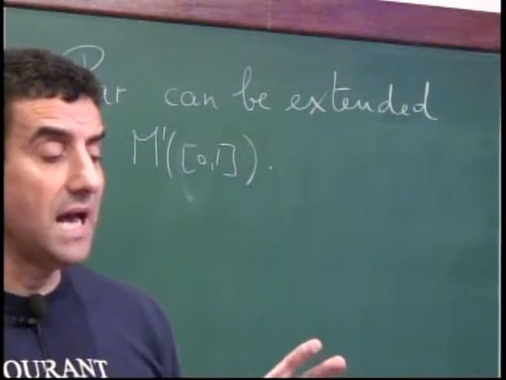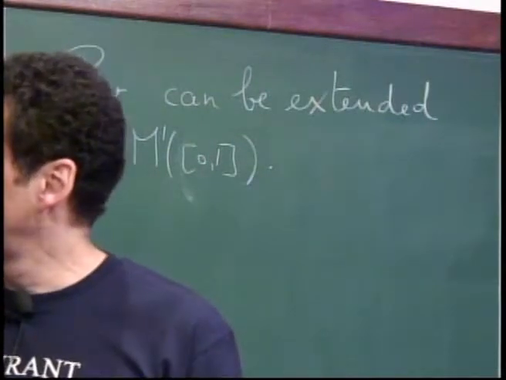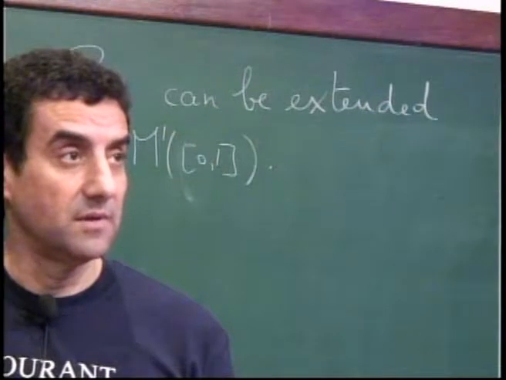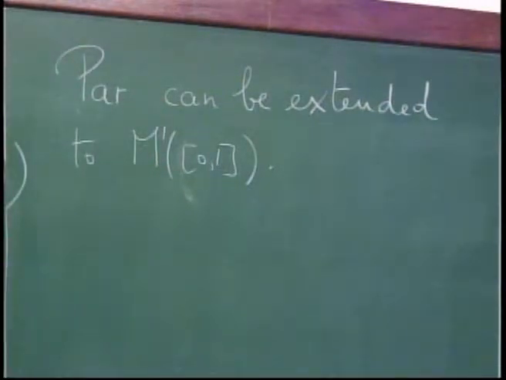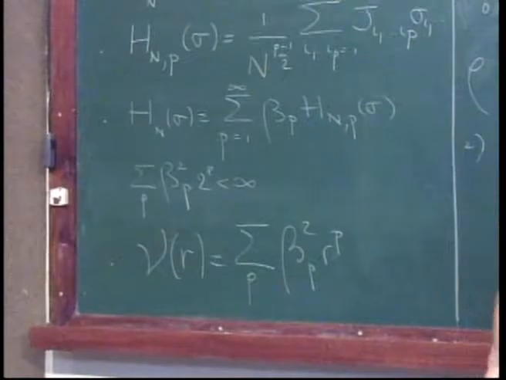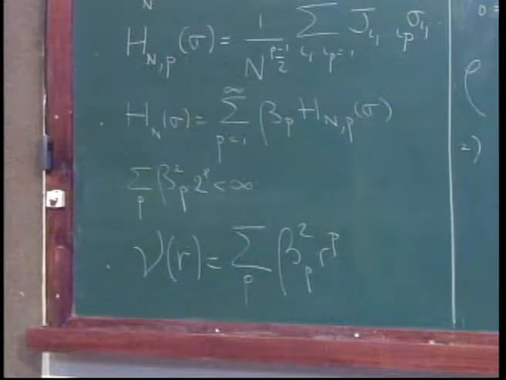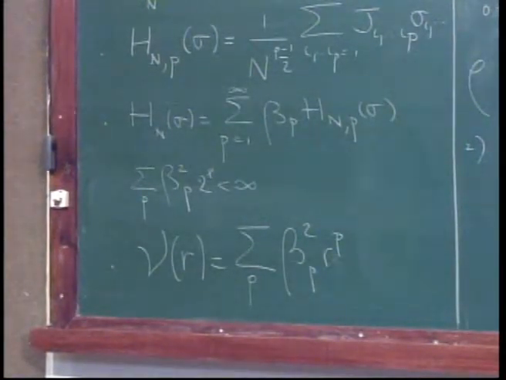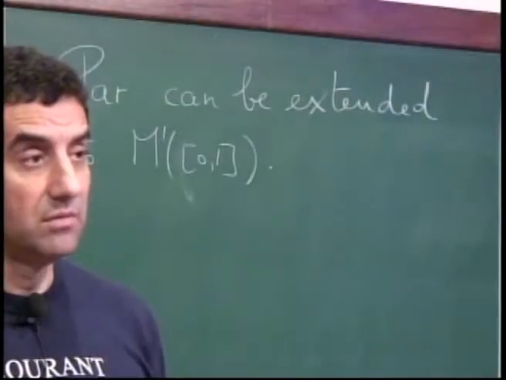And it has been proved for the case where you only have even terms, where it's a mixture of even p's. And only last year it has been proved in the full generality I gave here, that is, even when you have odd p's, by Panchenko.